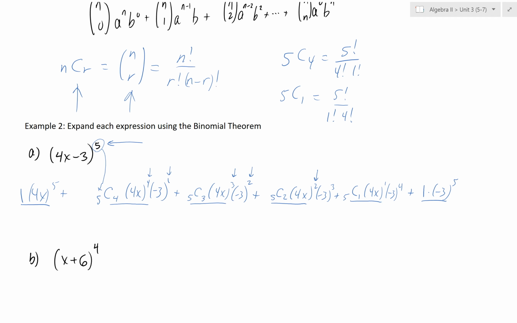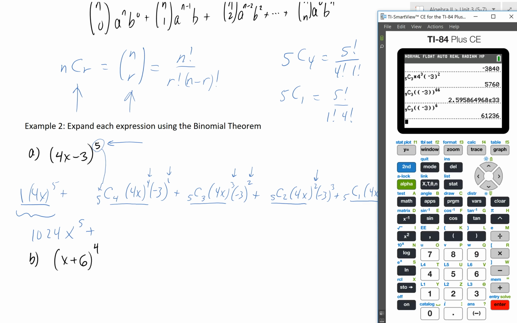And so now we just need to simplify all the numerical parts of those terms. And so for the first term, we have 4 raised to the fifth power. So this becomes 1024 x to the fifth. 5 choose 4 is just 5.